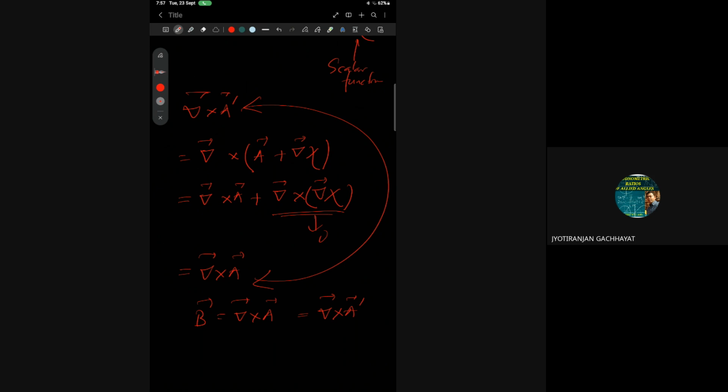We have expressed the electric field as minus del phi minus del A by del T. If we change A to A prime, then there will be no change in the magnetic field, nothing will change in the magnetic field, but the electric field will change, right? Isn't it?